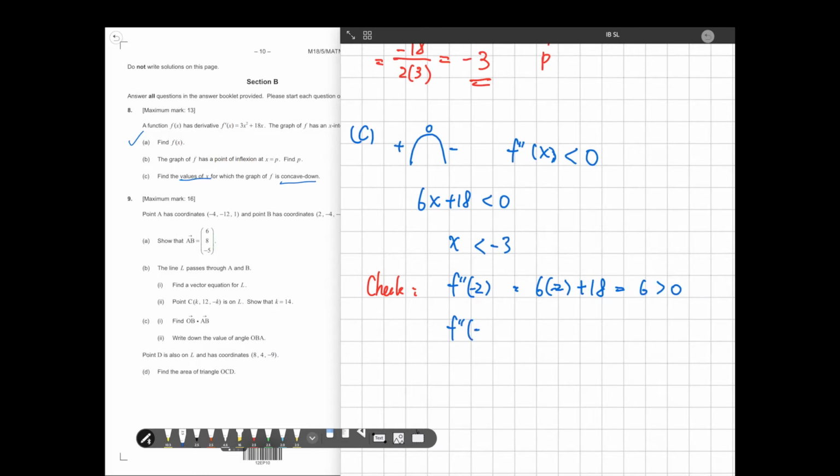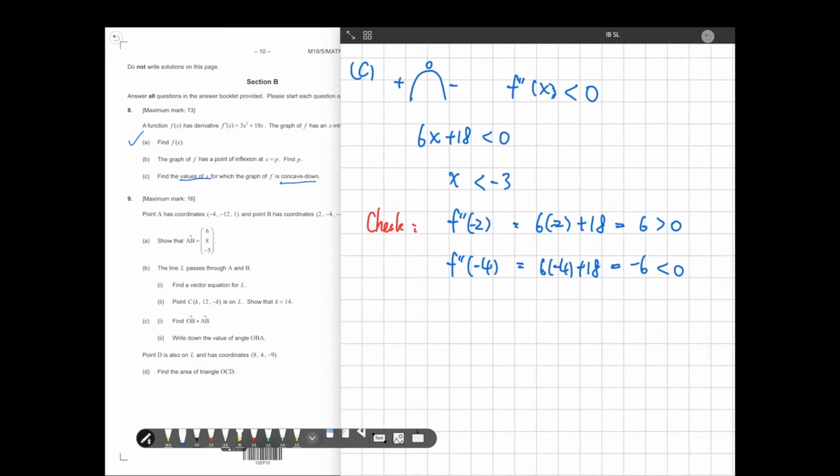How about on the left hand side of -3? So we choose -4. That is -6. So it means that when x is equal to -4, we have f double prime less than 0, and when x is equal to -3, we have f double prime equal to 0.